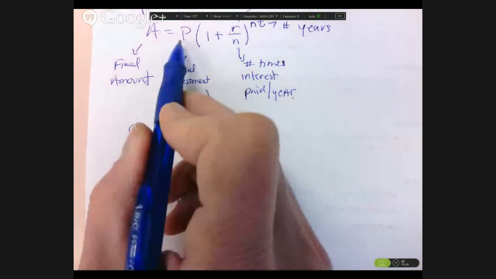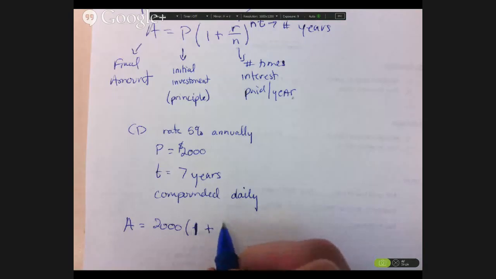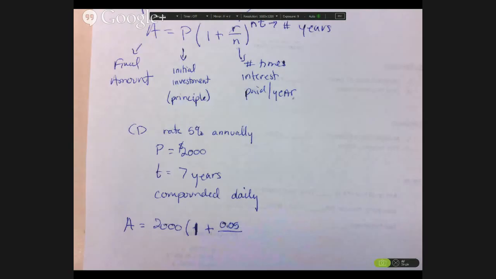P is 2,000. Let's do that. 1 plus R. Remember, change the R to a decimal. What's N? Yep.